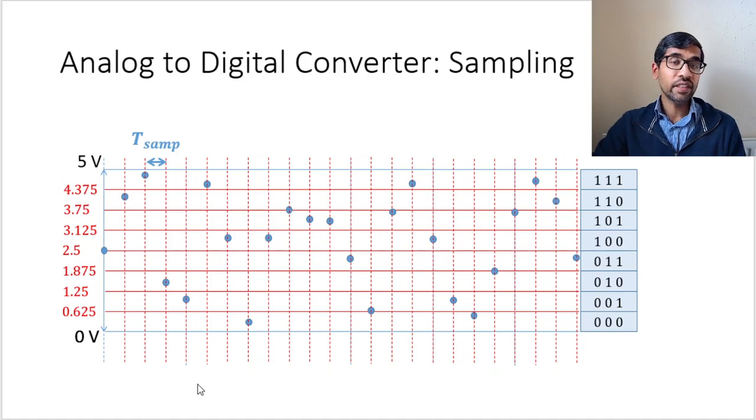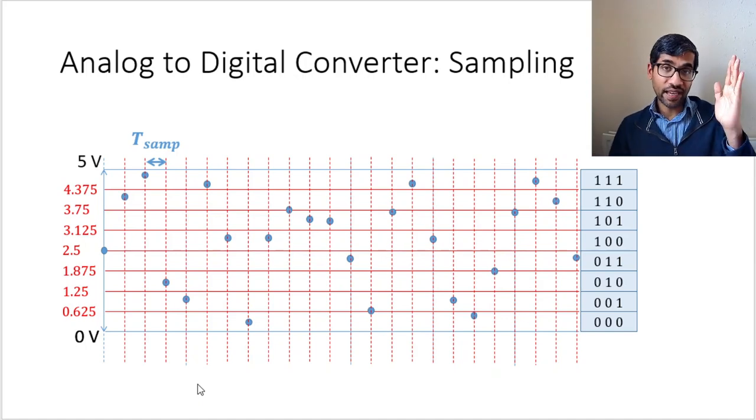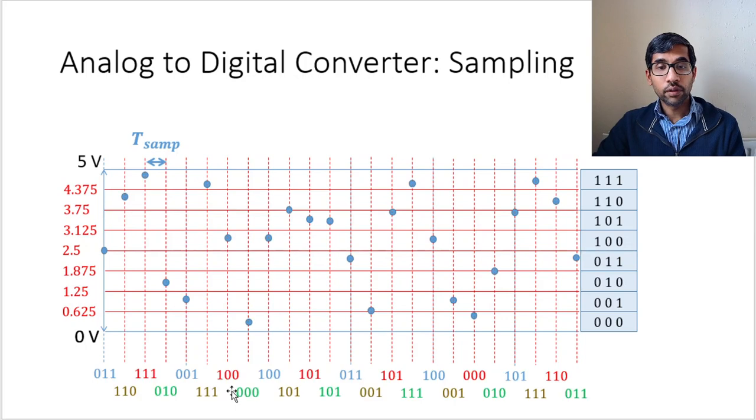You can see that now we have discretized the time axis, right? We have not discretized the amplitude axis yet because it can take any values in between these levels as well. And that's what we are going to do next, and that's called quantization. So next what we do is we assign each of these values the corresponding digital level.